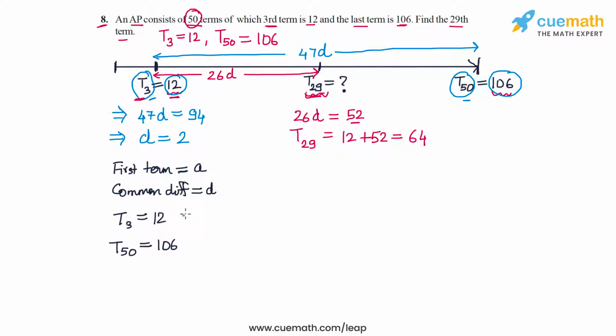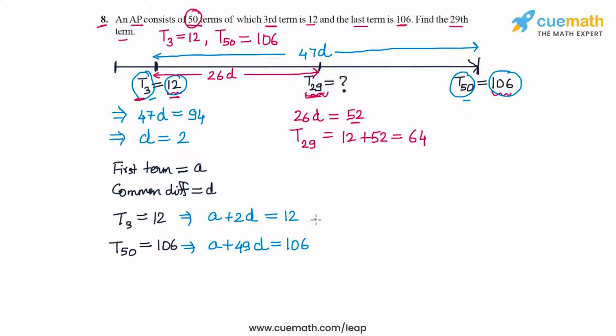So T3 I can write in terms of A and D as A plus (n minus 1)D, or A plus 2D, because n minus 1 is 2 in this case. So A plus 2D is 12, and T50 I can write as A plus 49D, 50 minus 1. So A plus 49D is equal to 106.